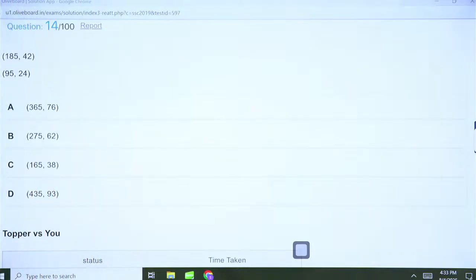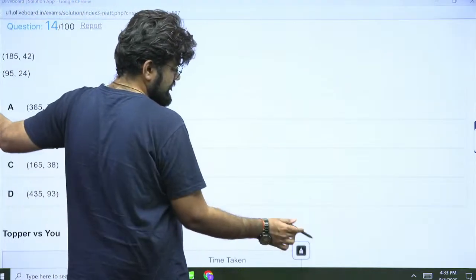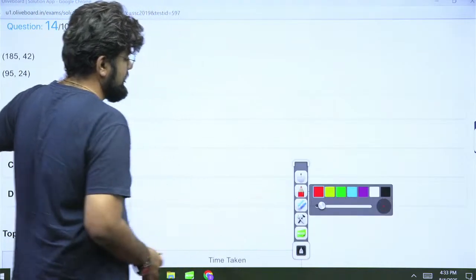Anything else? What do you think should be happening here? Okay, both these are being divided by 5, but divisible by 5. Can we check that?